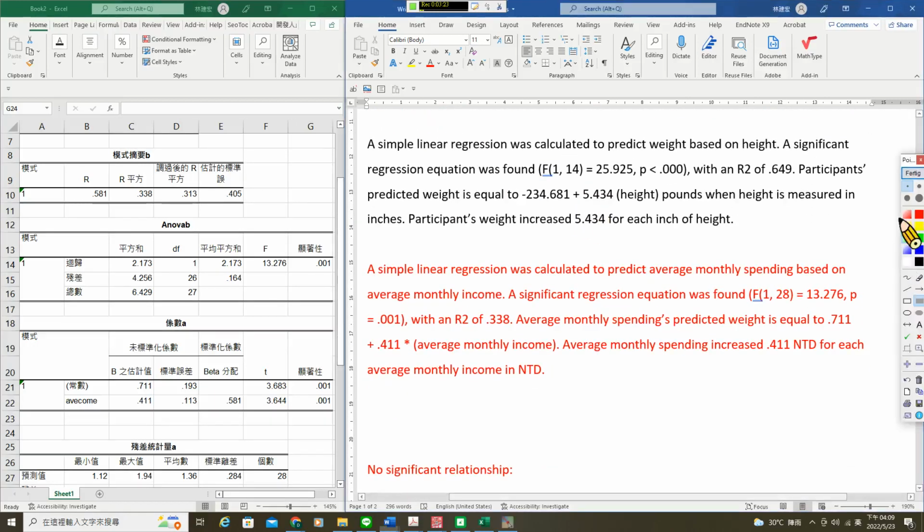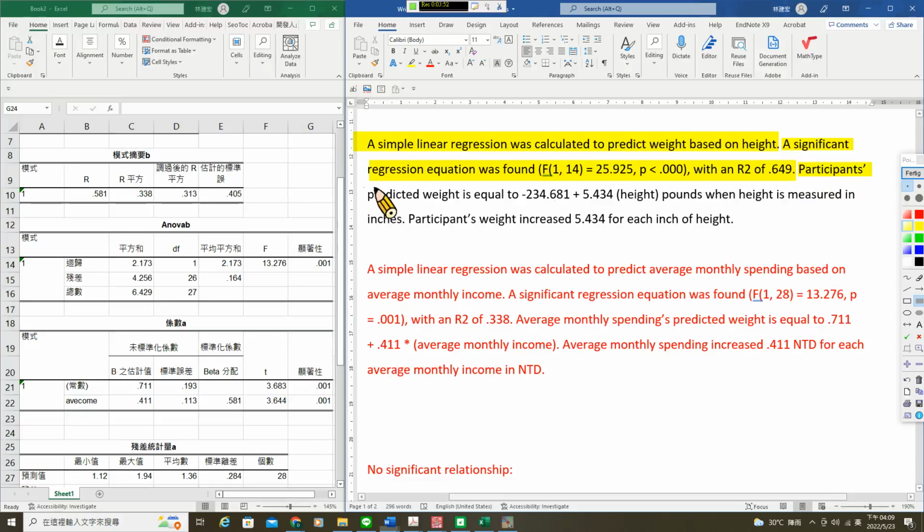This is the way of writing, and it is still a simple report. This reports the process to our purpose, right? And we have found out a significant regression was found with R squared of this value. And here is the regression equation.